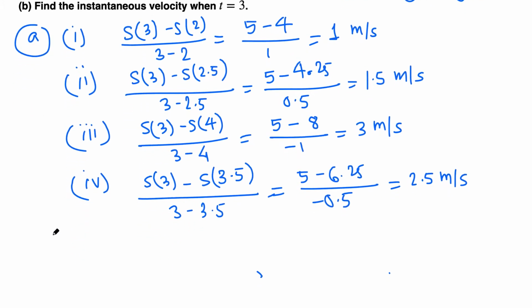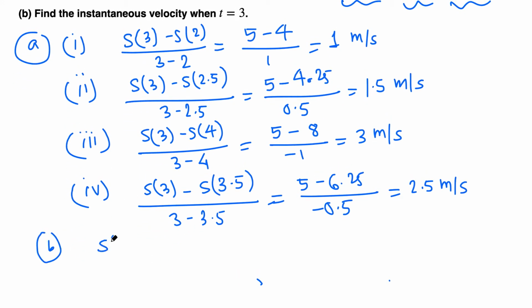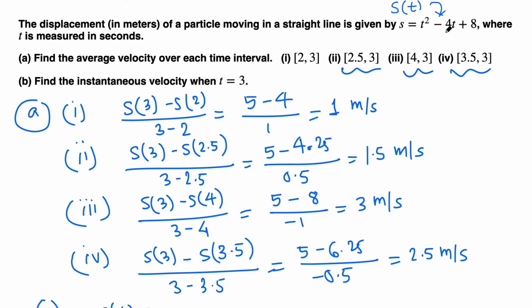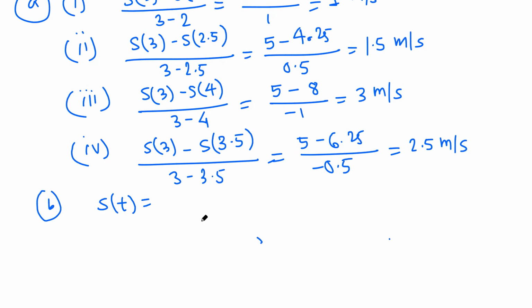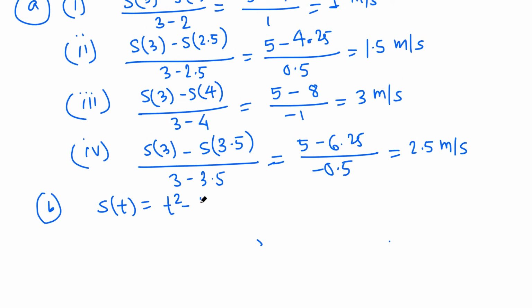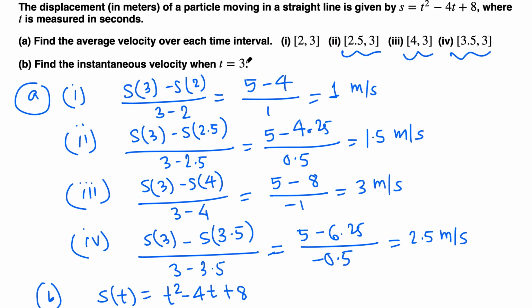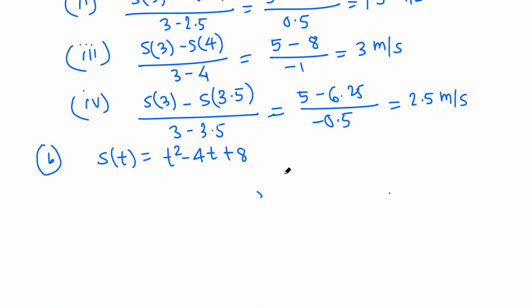So part B. The displacement is given in terms of t squared minus 4t plus 8, and we want to find the instantaneous velocity at 3.